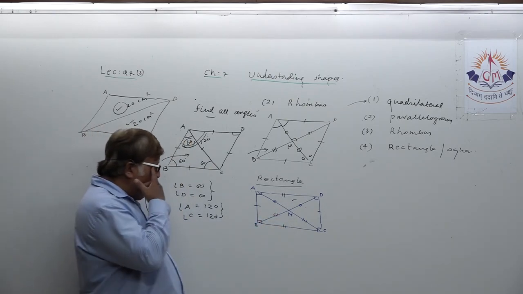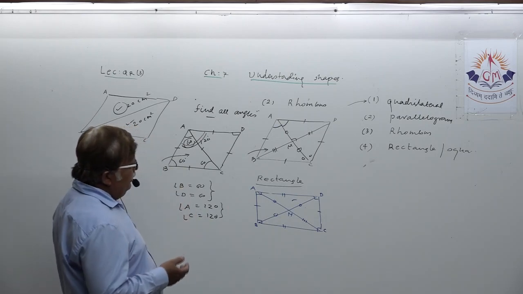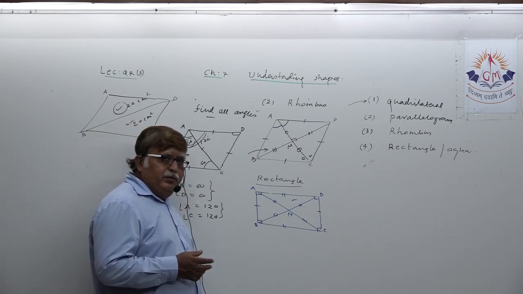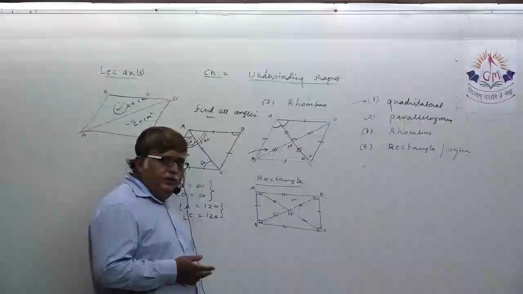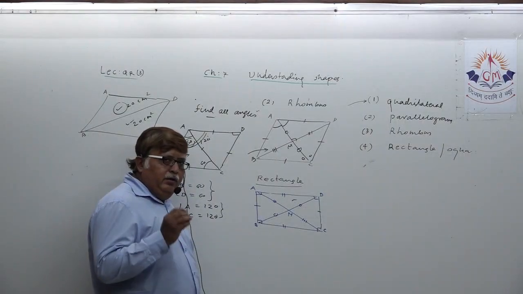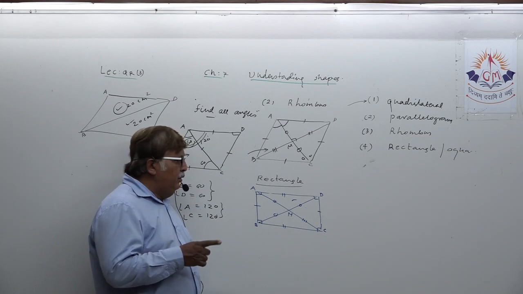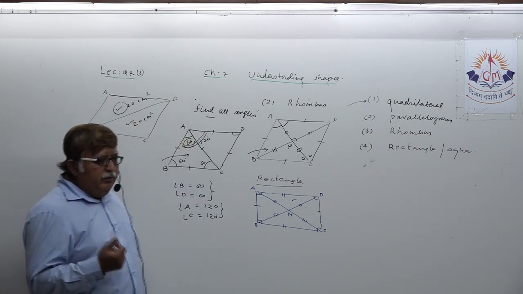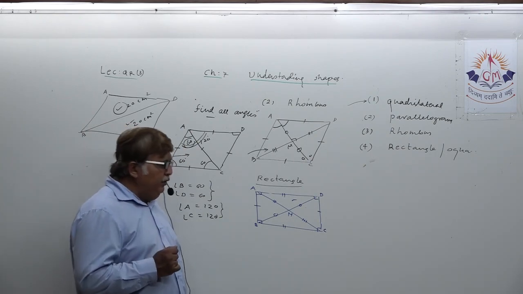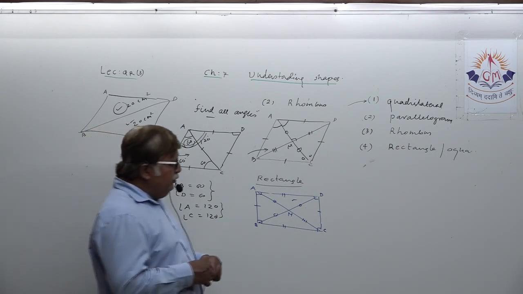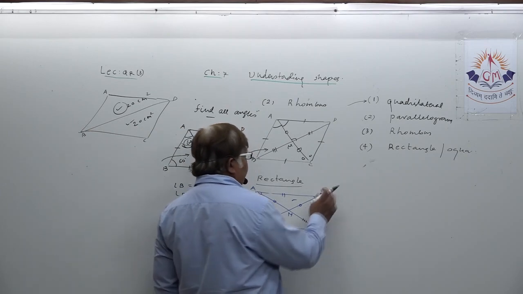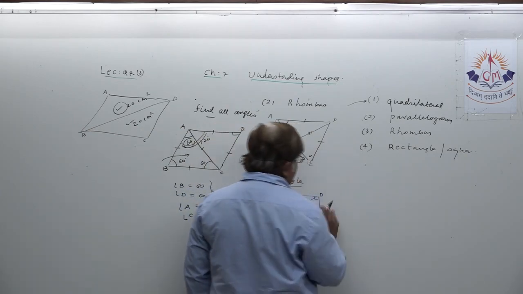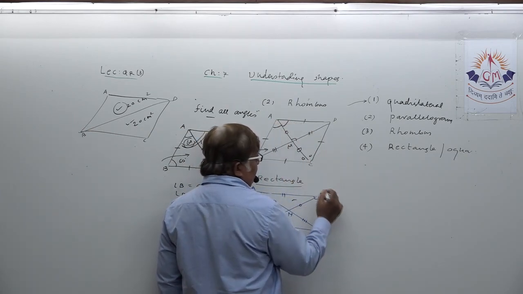Some complicated examples of angles we have also done, but in homework I will mention them. You will complete the homework, and in case of doubt you can contact me and we can verify those doubts. So suppose, dear student, one difficult example. This is our discussion regarding parallelogram, rhombus, rectangle.